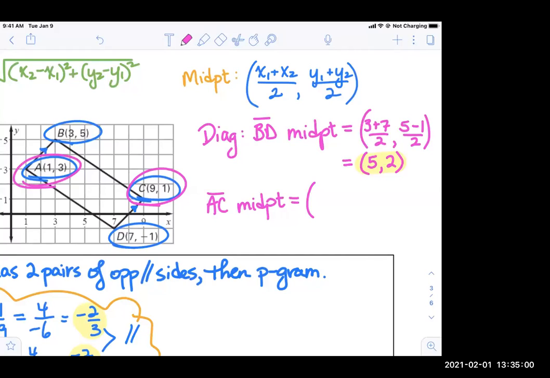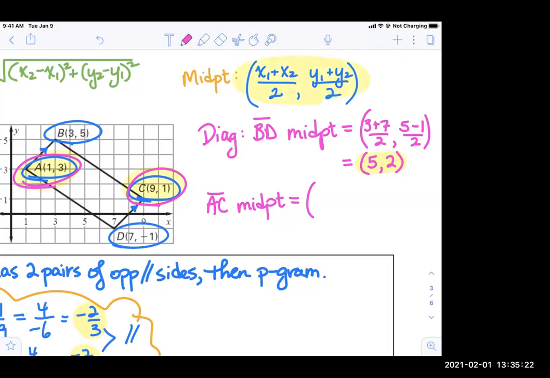Midpoint x1, 9 minus 3. Here's the formula. You're adding the x's over 2, and then you're adding the y's over 2. Oh, it's plus.